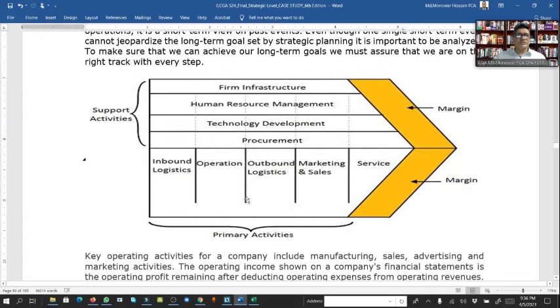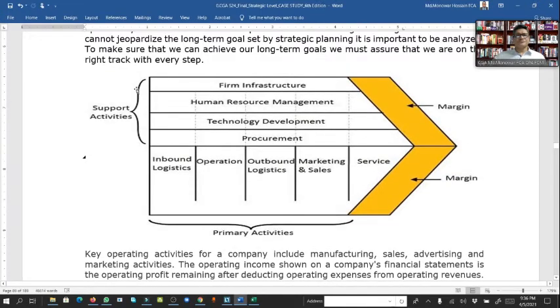Here, if you look, there are primary objectives of the organization and support activities: infrastructure, human resource, technology, and procurement. The primary activities are inbound operations, outbound logistics, marketing, sales and service, and from that we get the revenue, and after deducting the cost of goods sold from the sale, we get the margin.